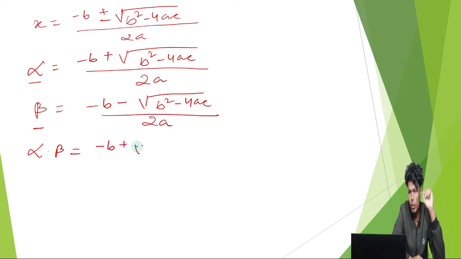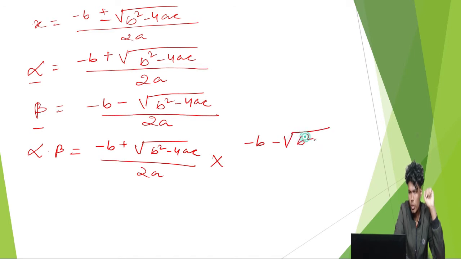You have to multiply both. Minus b plus root over b square minus 4ac divided by 2a into minus b minus root over b square minus 4ac divided by 2a.